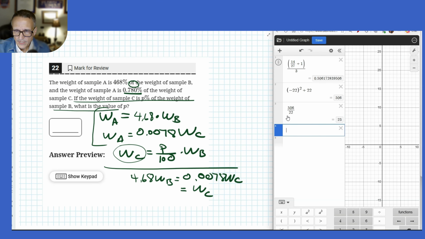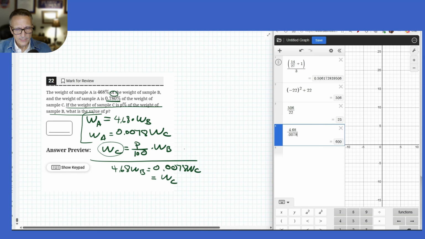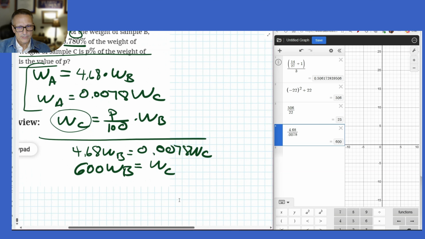So coming over here to Desmos, 4.68 divided by 0.0078 is the number 600. So that means then that the weight of C is equal to 600 times the weight of sample B when I divided both sides of that by 0.0078.